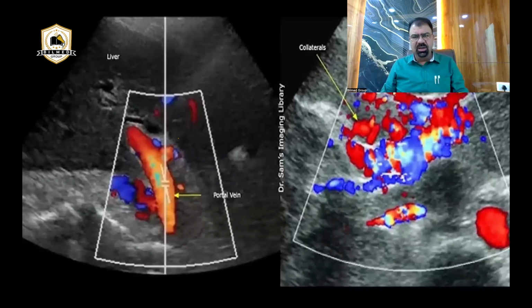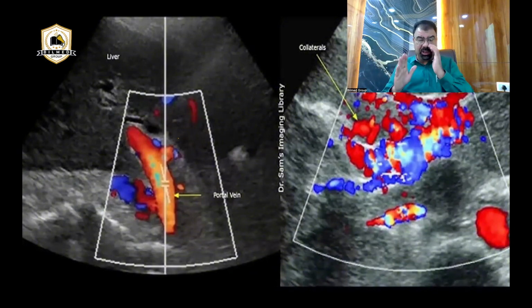This trackball has multiple functions, depending on the mode you are in. In grayscale, you can drag to measure from one point to another by scrolling this trackball, and you will be able to measure the length or anything else.